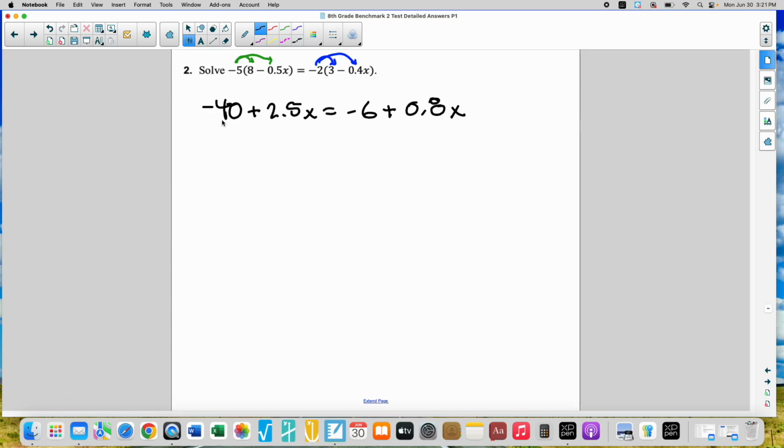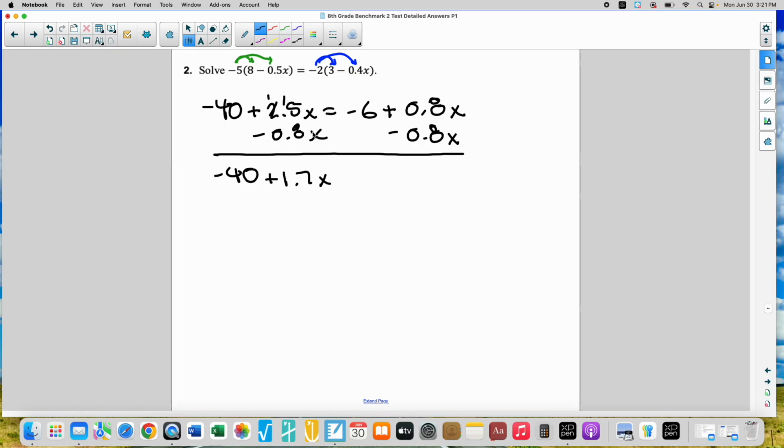All right, and now we have variables on both sides, constants on both sides. I'm going to move this variable to the other side by subtracting 0.8x. That's -40 plus 1.7x, we take the 1, borrow, and that equals -6. Now we're going to move our constants over. We have 1.7x equals 34.